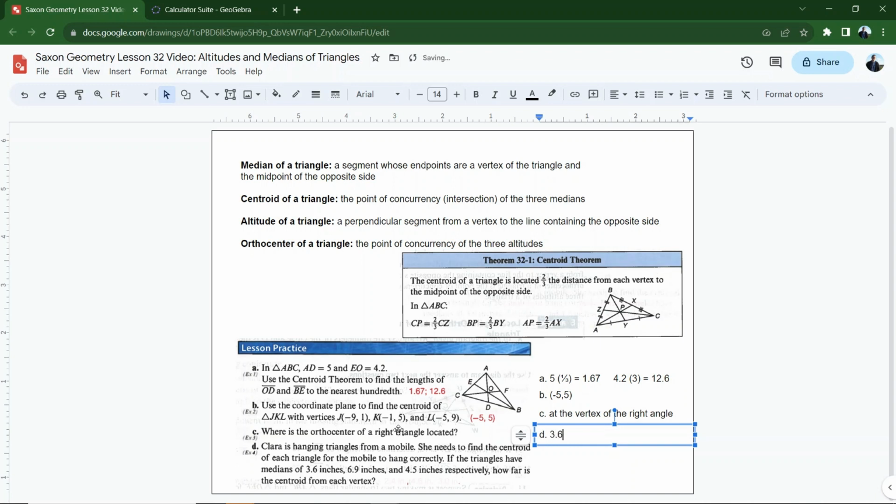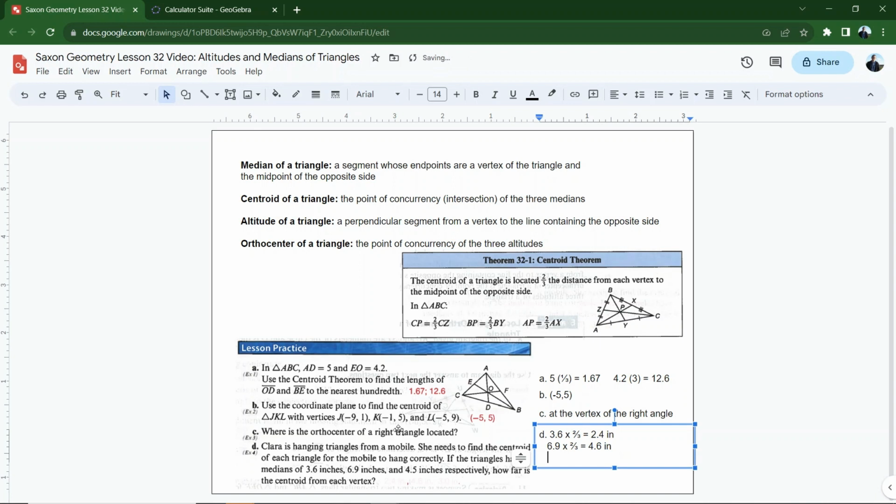So what's 2/3 of 3.6? All you need to do is multiply each one of these times 2/3. 2/3 times 3.6 is, let's see, that's going to be 1.2 plus 1.2 is 2.4 inches. And then I'm going to do the same thing for 6.9. 6.9 times 2/3 is, let's see, 2.3 plus 2.3 is 4.6 inches.